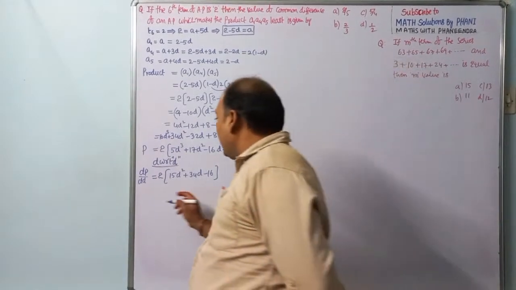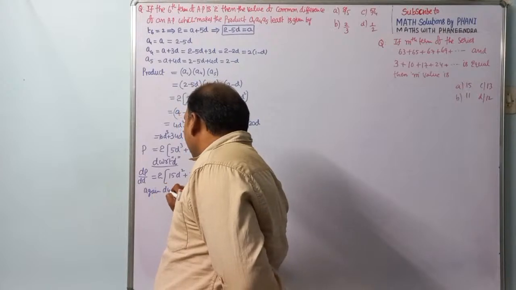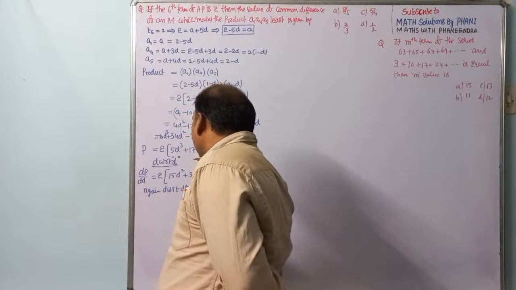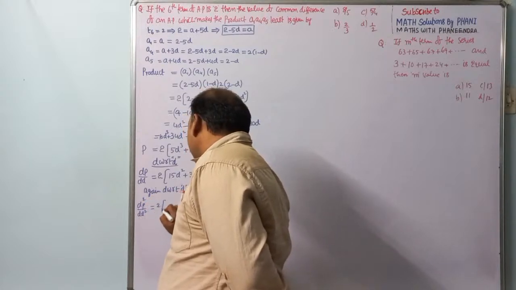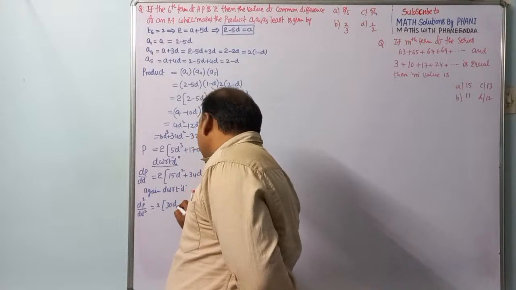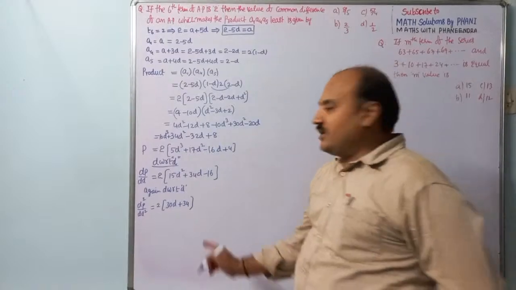Okay. Now again differentiate with respect to D. So d square P by dD square, 2 into 30D plus 34. We'll see that what happens.